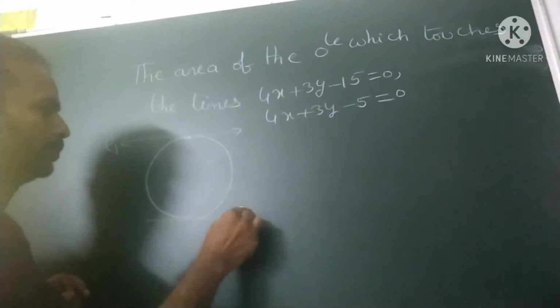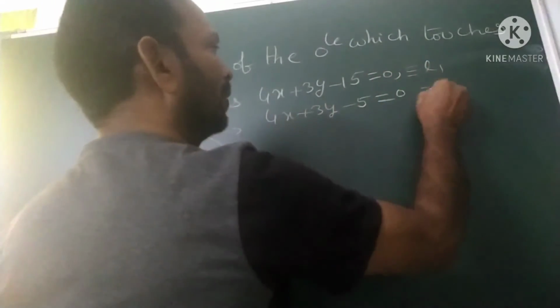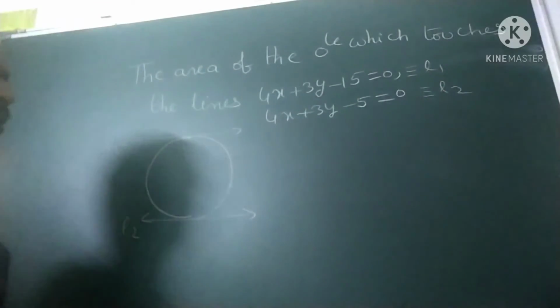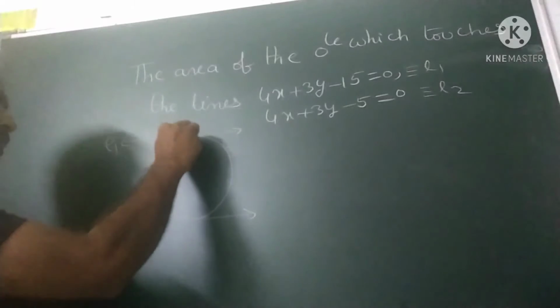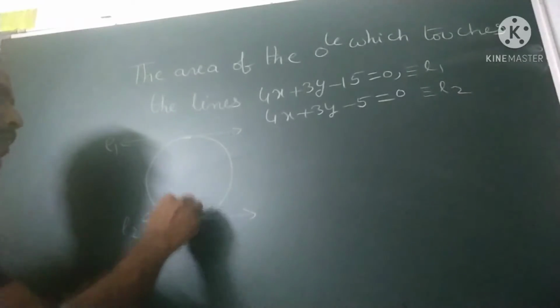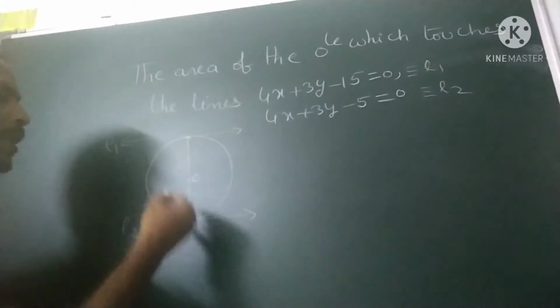This is L1, this is L2. So when these two lines are touching the circle, these points are points of contact. The line passing through these points of contact passes through the center of the circle.